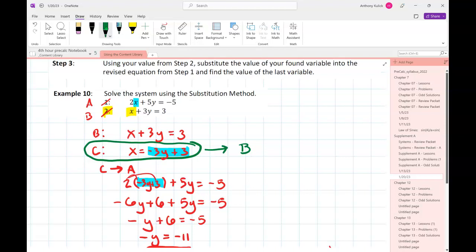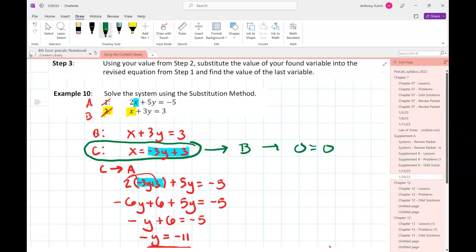Equation B. If I plug B back into B, what's going to happen? I'm going to get 0 equals 0. Does that mean this is infinitely many solutions? No. You have to plug C back into the other equation.